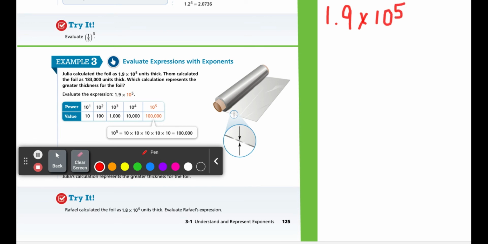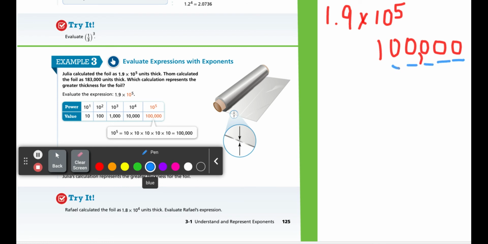Well, we said that 10 to the 5th power is going to be the number 1 and then 5 zeros written after it. So that means 1.9 times 100,000. Anytime we're multiplying something with zeros, we can just move the decimal point.